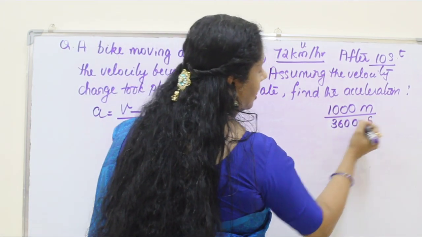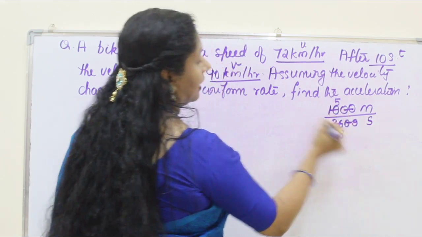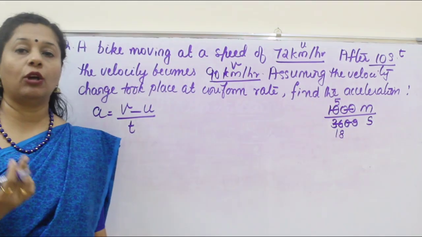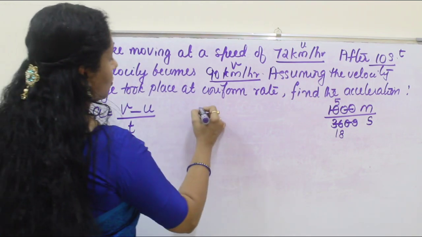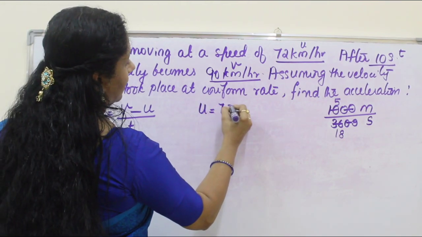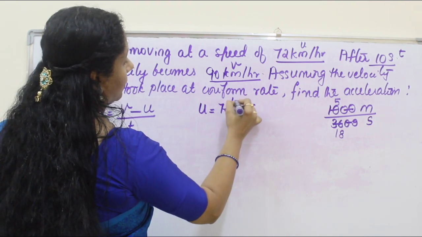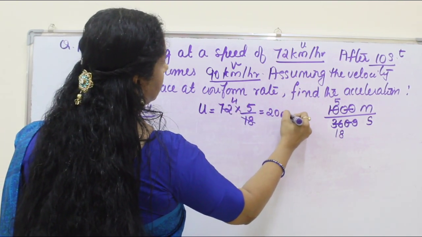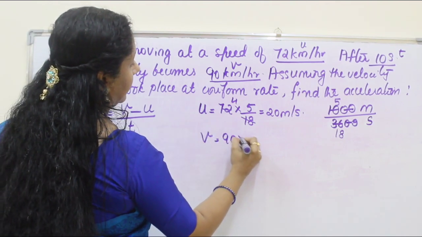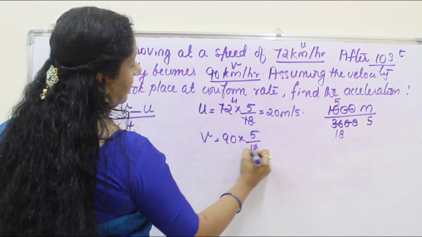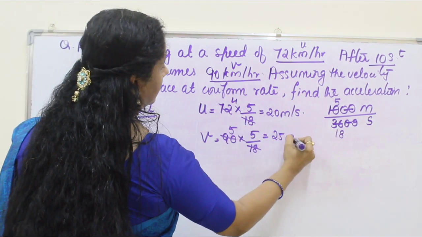If you solve this, you will get 5 by 18. So if you multiply kilometer per hour by 5 by 18, you will get meter per second. So u is equal to 72 into 5 by 18, which is 20 meter per second, whereas v is equal to 90 into 5 by 18, which is 25 meter per second.